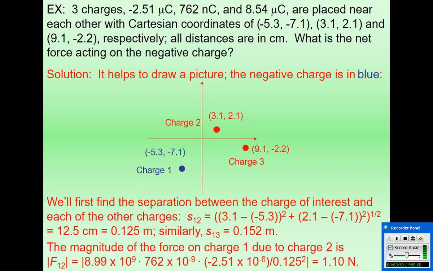The magnitude of the force that charge 1 exerts on charge 2, we do k times q1 times q2 over s12 squared. And you plug in the numbers that we have, and the magnitude of that force is 1.10 newtons. Because the charges are opposite to each other, charge 1 is negative, charge 2 is positive, that will tell us that the force on charge 1 due to charge 2 is directed towards charge 2.